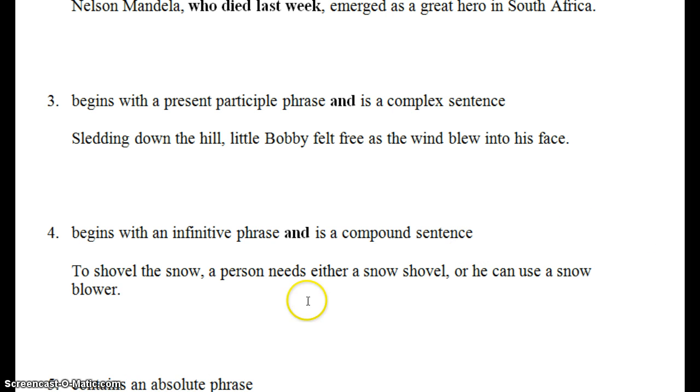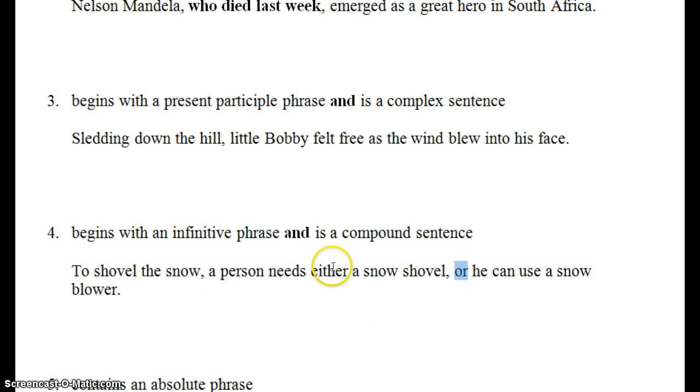So here's our sentence. The infinitive phrase begins it, and here's our compound sentence: independent clause, here is our coordinating conjunction, and another independent clause.